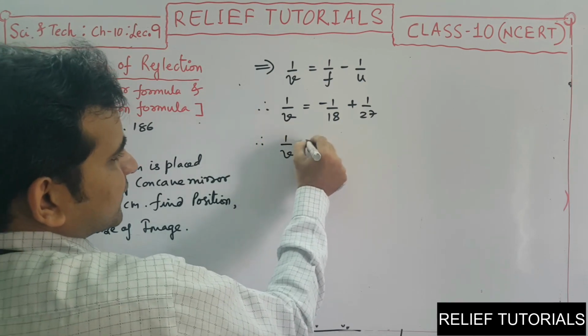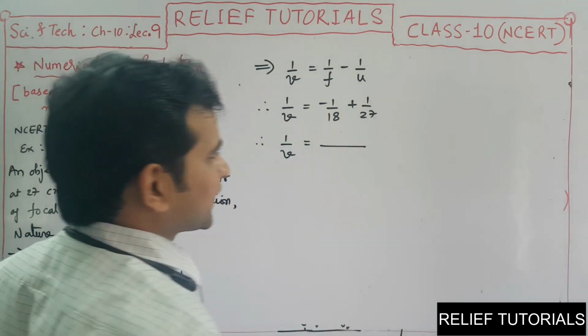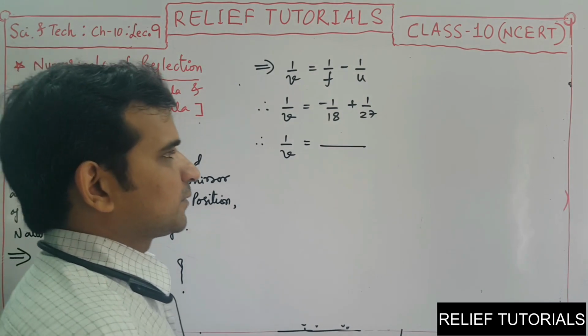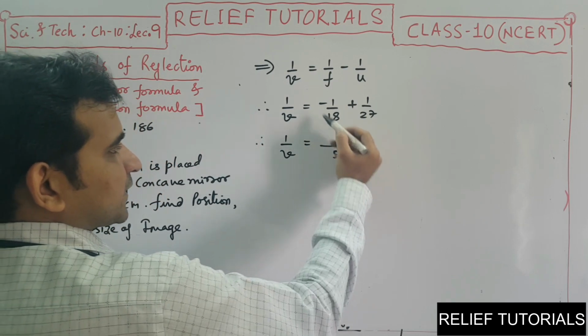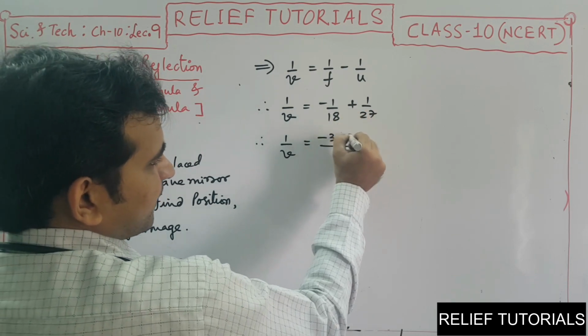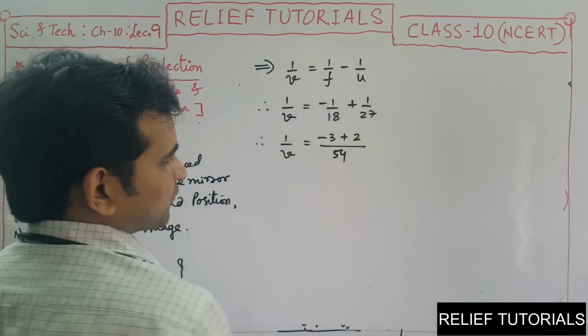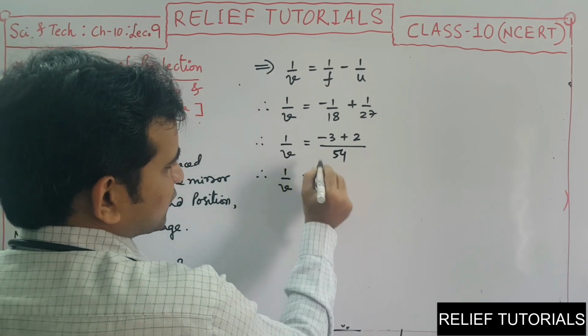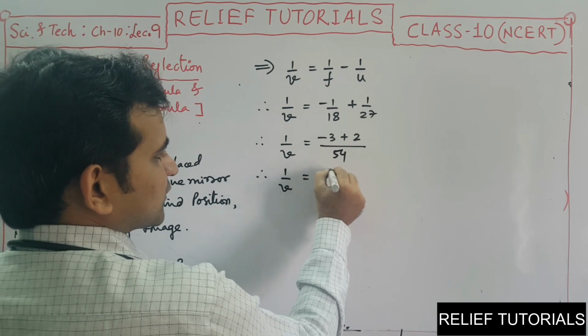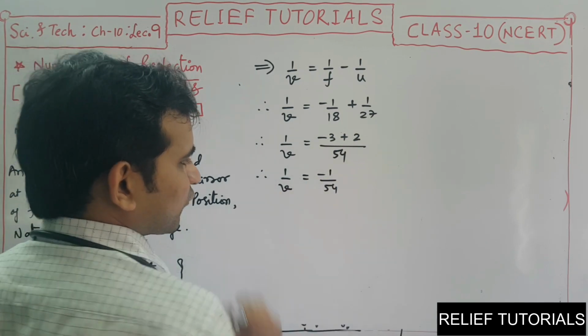Therefore 1 by v is equals to, now the LCM of 18 and 27 will be 54. 18 3s that is minus 3 and plus 27 2s that is plus 2. Therefore 1 by v is equals to minus 3 plus 2, which is minus 1 by 54.